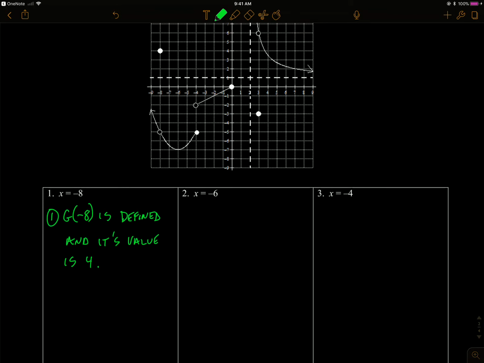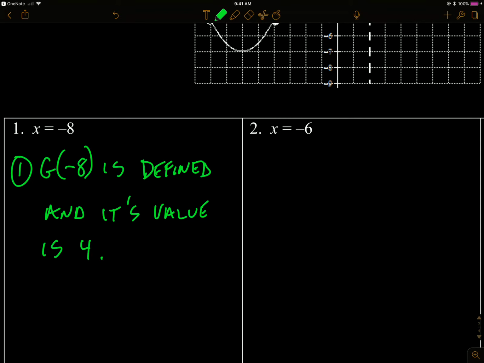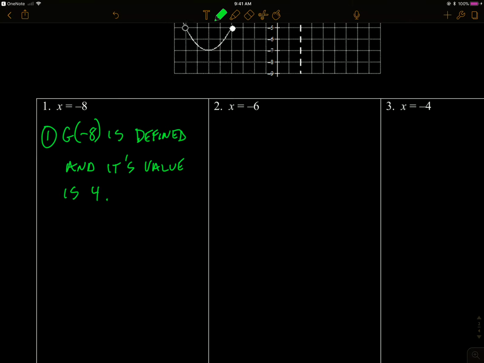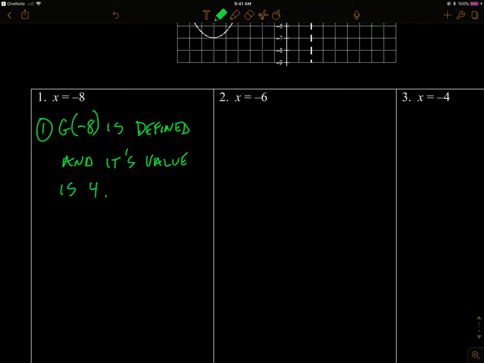I don't really need that its value is 4 part. I can just say it's defined, but that 4 is going to be needed in the final step, so that's why we're figuring out what it is. If it's defined, you might as well go find out what it is. Again, not really needed for step 1. All you need to really say for step 1 is this. But it's helpful to have that value of 4 later.